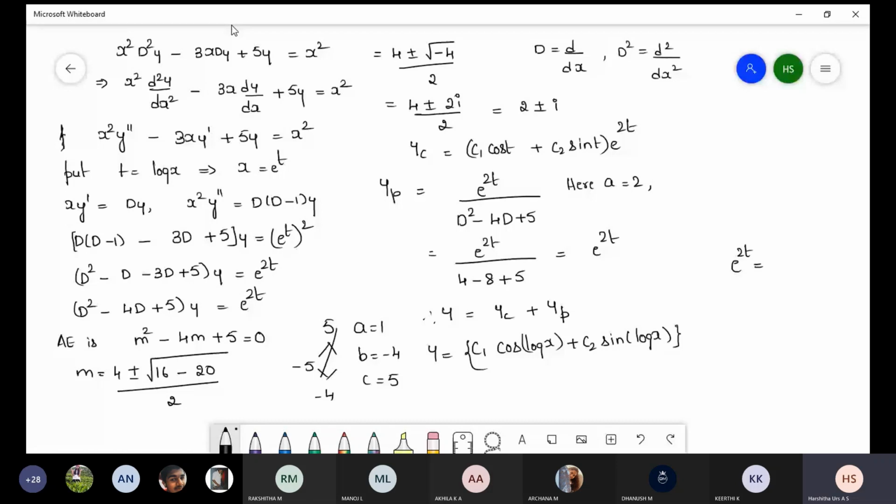So e power log x square value is x square, plus again yp is also e power 2t, so I will write x square. This is the solution. This is how we have to write the e power 2t.